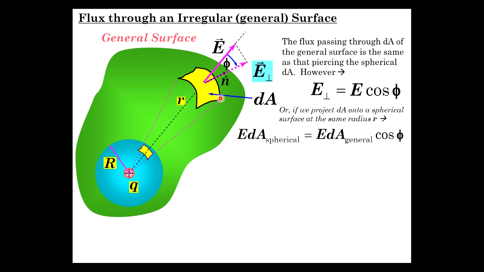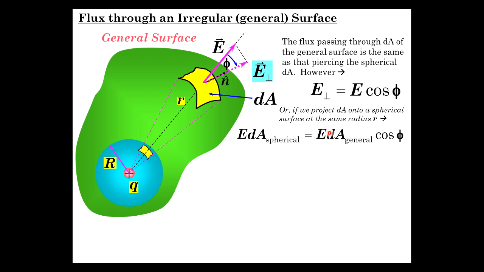But we have to multiply it by cosine of phi. Right? So if these are the same, again, if we had a spherical surface out here versus our actual surface, in the spherical surface the shape would change, and that E dA of the spherical, which is more uniformly shaped than this, is this E dA times the cosine of phi.